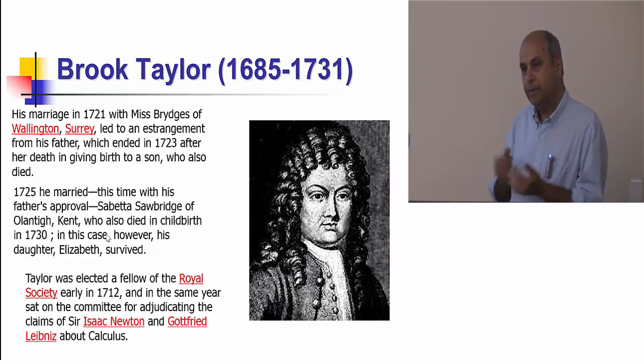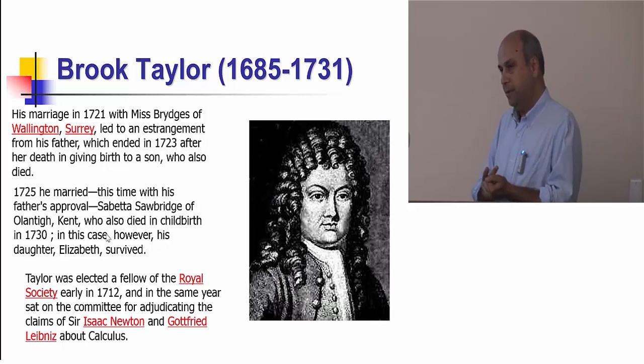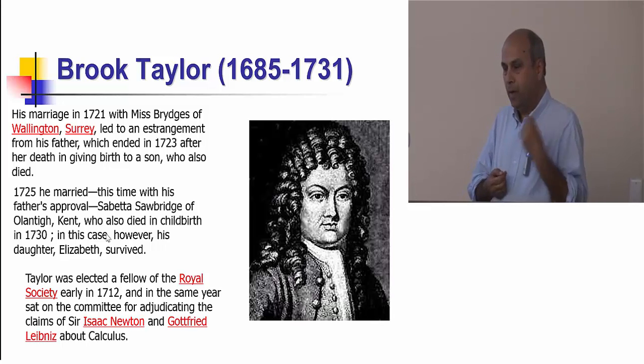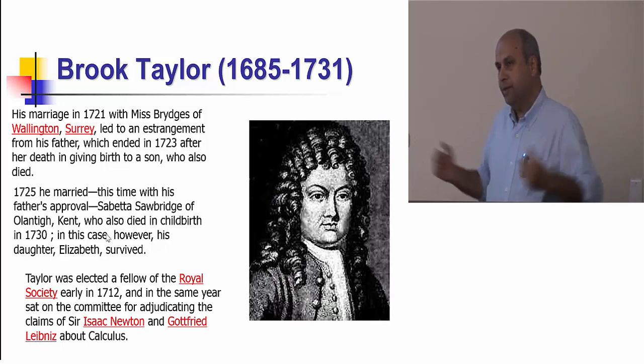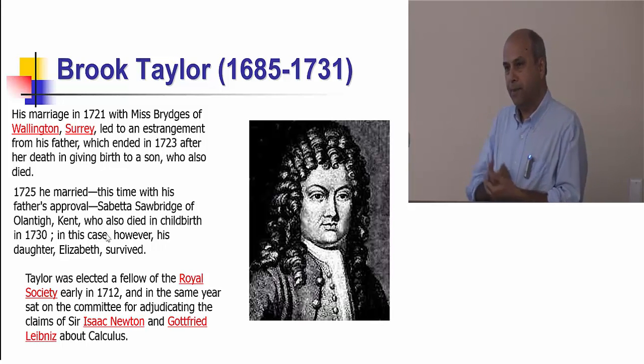There was a big fight. At that time, the most prestigious society was the Royal Society of London, and they had to decide who should be given credit for calculus. So the Royal Society of London established a committee to look into all these papers, history, and so on. And the committee was basically appointed by Newton himself.